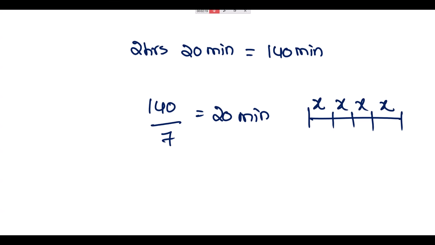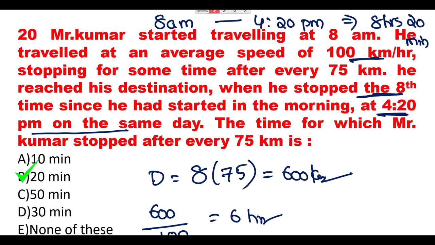Here also, the 8th time you stopped and you have not taken the break, so that is not counted. It's 8 into 75 distance, but only 7 breaks happened. The 8th break is yet to be taken. You stop, and next you have to take the break. That's why divided by 7, not divided by 8. So the answer is 20. If any option is close to 15, 16, many people may have opted for that answer, 16 point something.